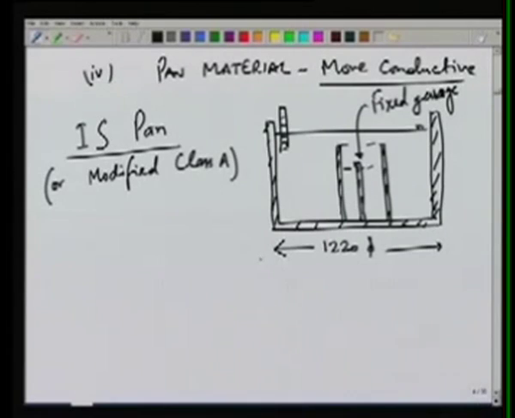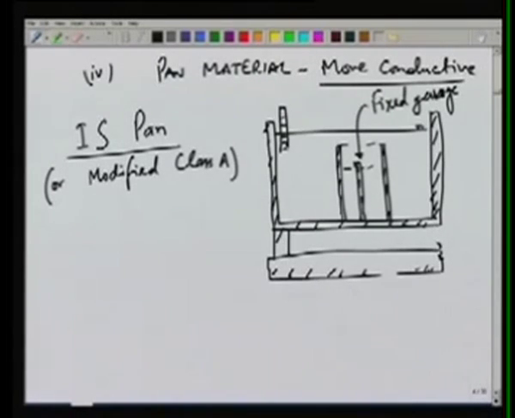Again, this is also put on a wooden frame. So there is a frame here, and then wooden blocks in the perpendicular direction so that air circulates freely around the bottom.